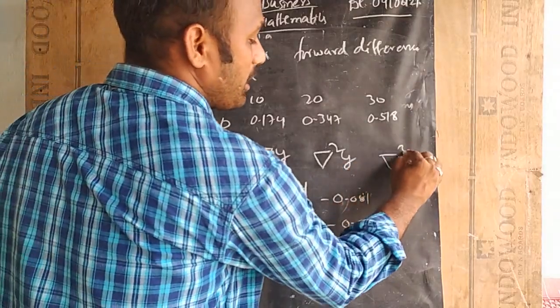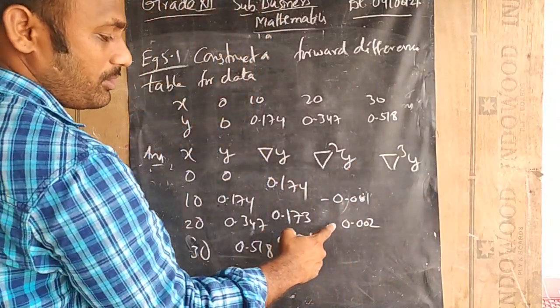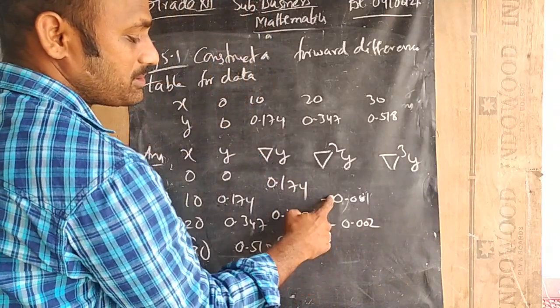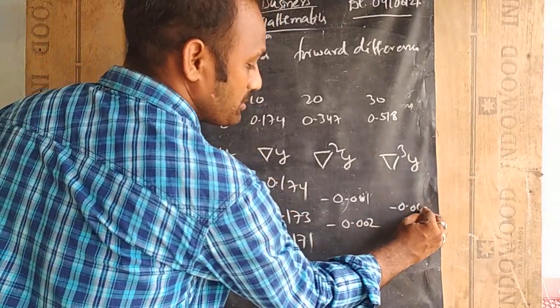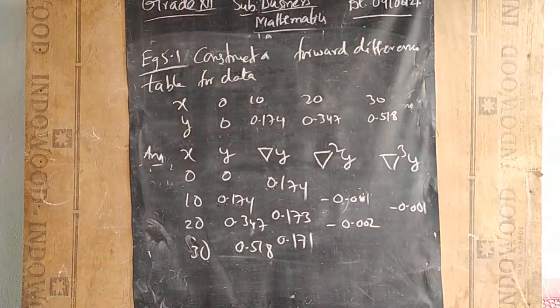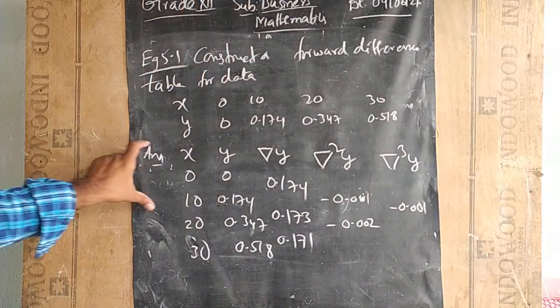Next, delta cube y. These two are subtractions of a negative, so minus becomes plus, and the answer is minus 0.001. So this is the forward difference table.